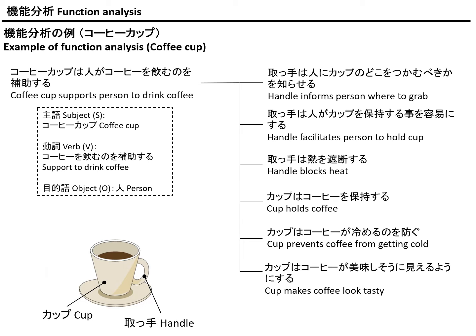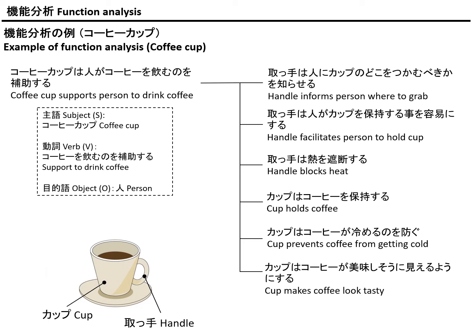As an example, let me determine the function as: coffee cup supports person to drink coffee. Here, the subject is coffee cup, and the verb is support to drink coffee. The verb doesn't need to be only one word. And then the object is person.